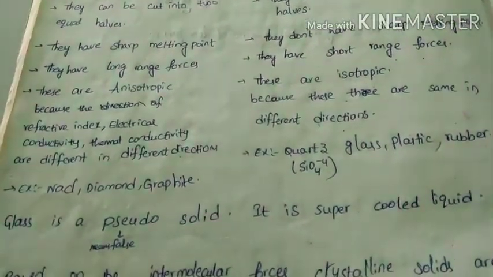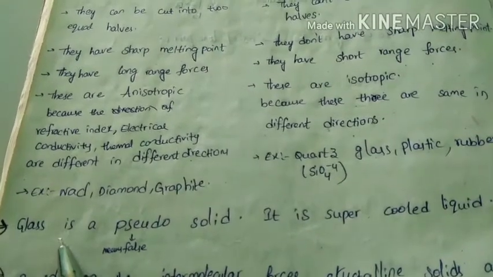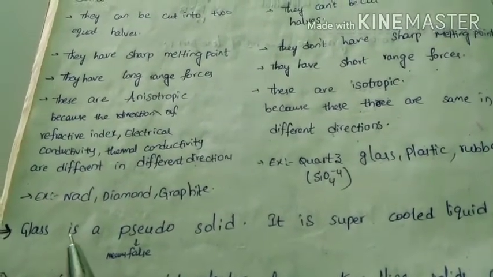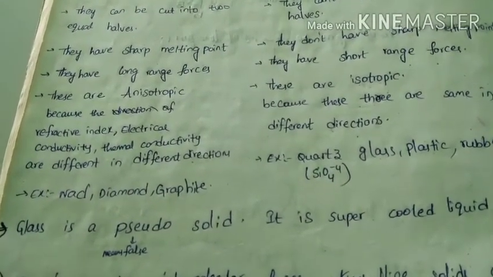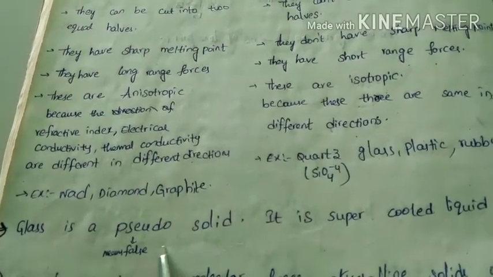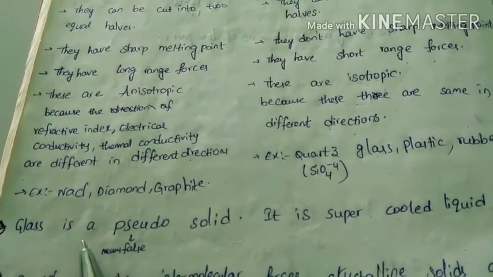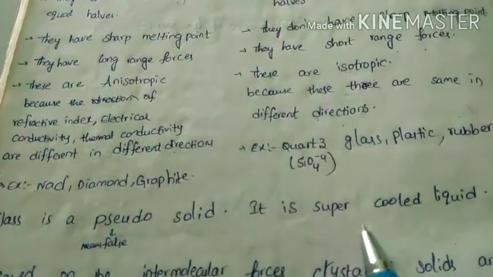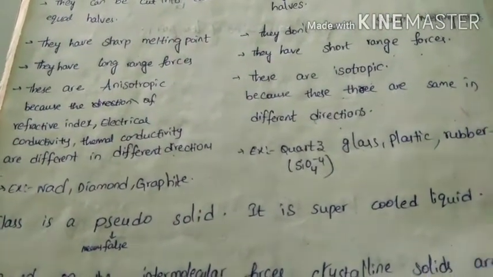Here one important point is there. Generally we feel that glass is a solid, but actually glass is a pseudo solid. Pseudo means false. That means glass is not a solid, it is a super cold liquid. This is a very important point.